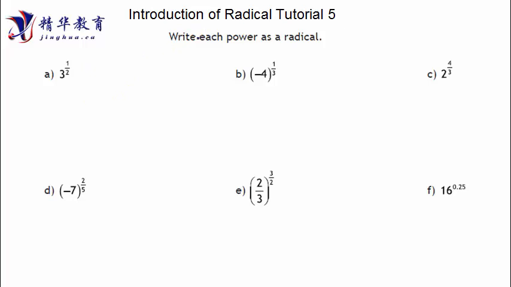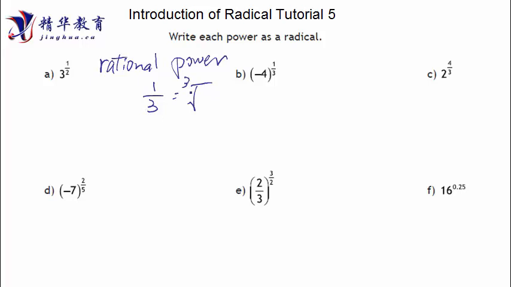All right, so how to convert a power into radicals? First, rational powers. For example, to the power of 1 over 3 is just equal to the cube root. The 3 is in the denominator, and that is the root.